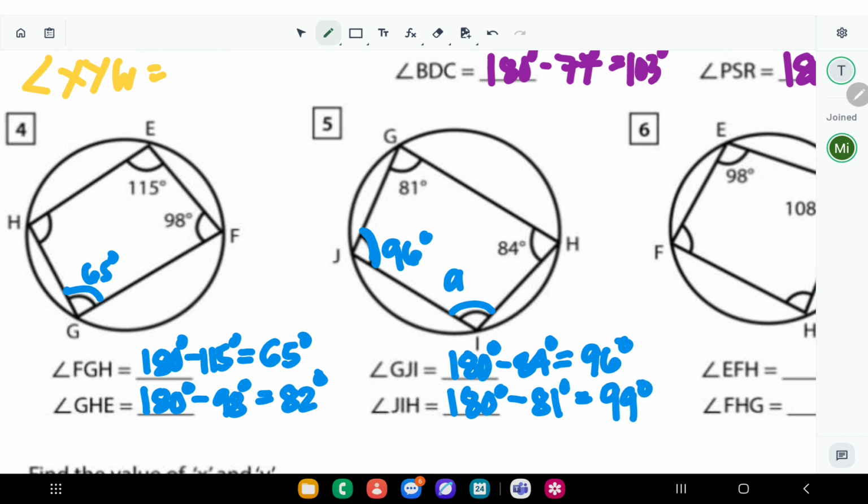So this is 99. Alright, so take note, when a quadrilateral is inscribed in a circle, all of the vertices should touch the circumference of the circle, and the opposite angles add up to 180 degrees.